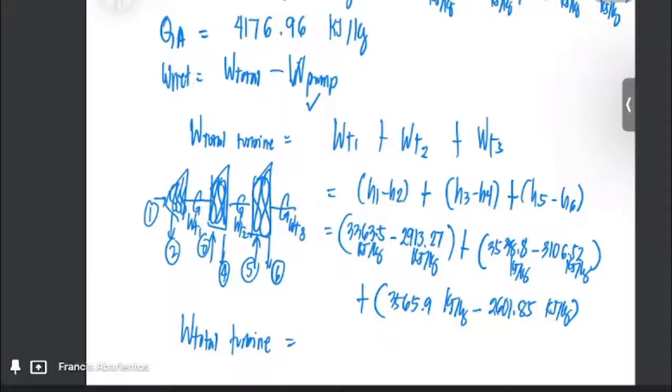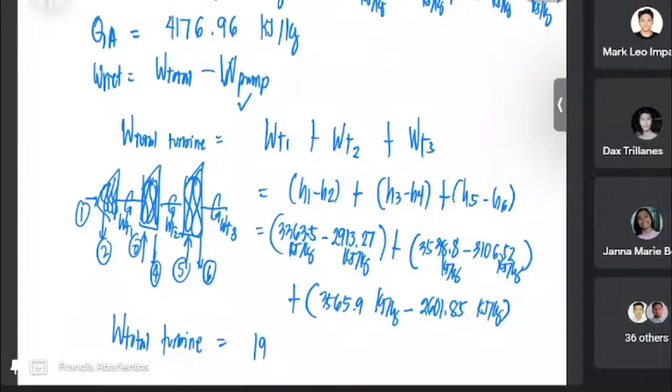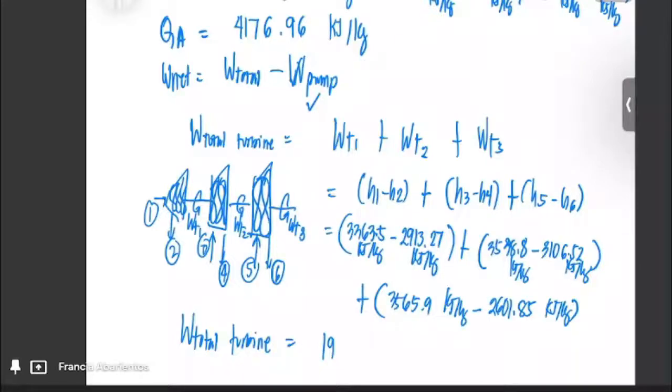Walang sagot, ma'am. Hindi ko na nahabol. Okay lang, class. Mahaba-haba talaga to. Hindi mo to makukuha ng isahan. Okay? 19. Bakit sa akin iba? Ano yung answer niyo, class? 1846. Wait. Baka ako ang naduling.